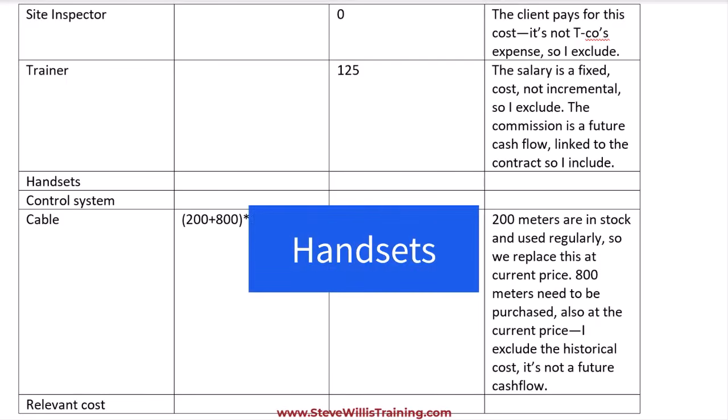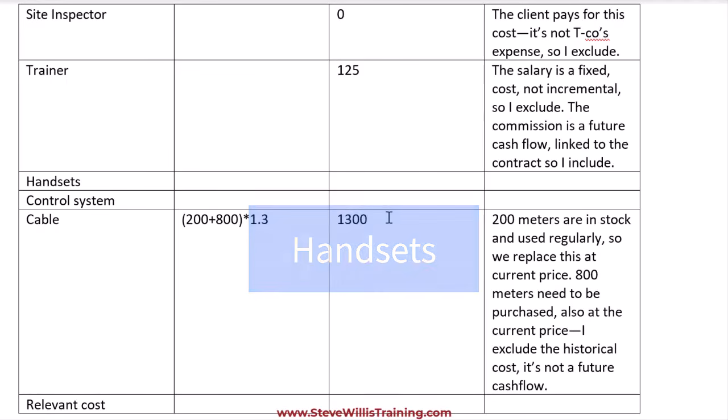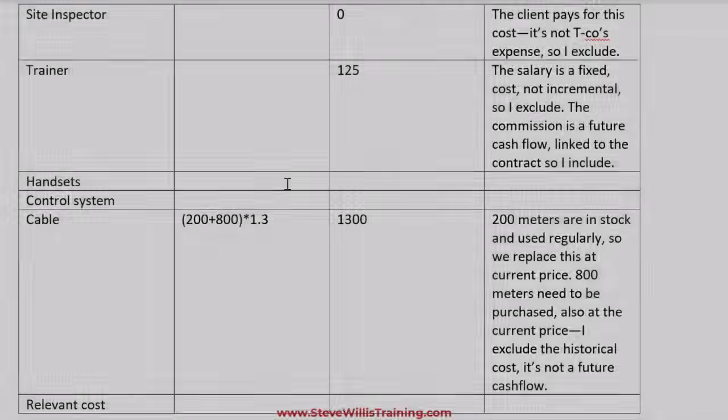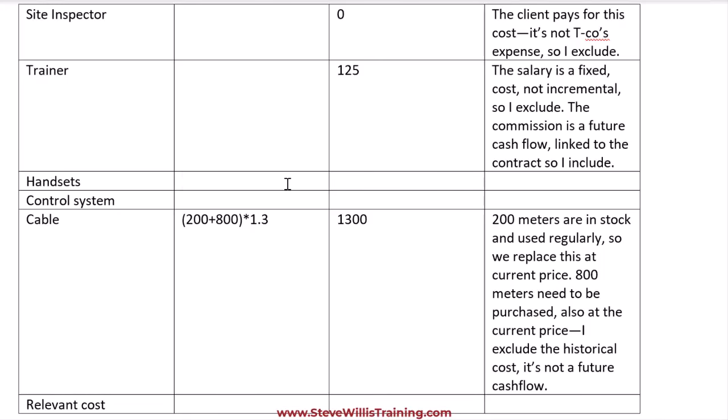Guys, try the handsets now. And this uses the same approach as cable. Pause the video, come back when you have finished handsets. Okay, handsets is the same story. We can ignore the historical cost, and we have how many in stock?